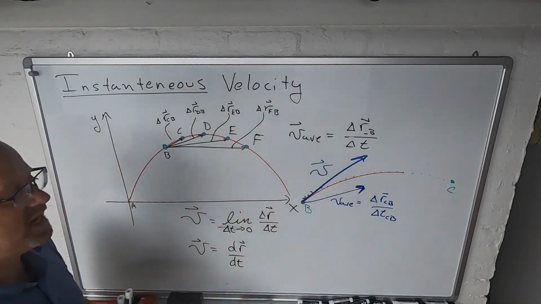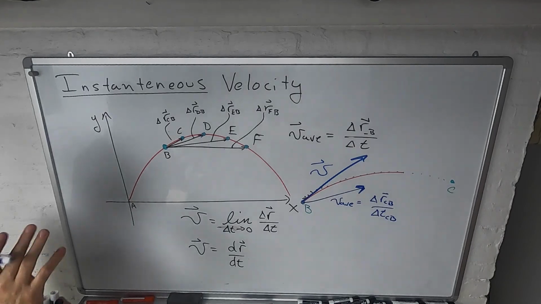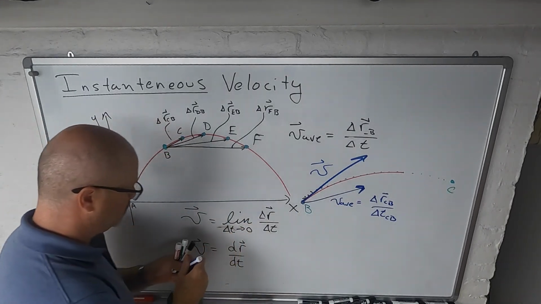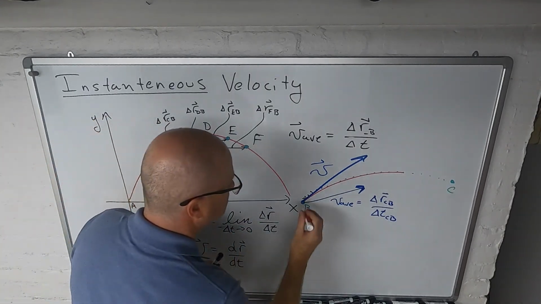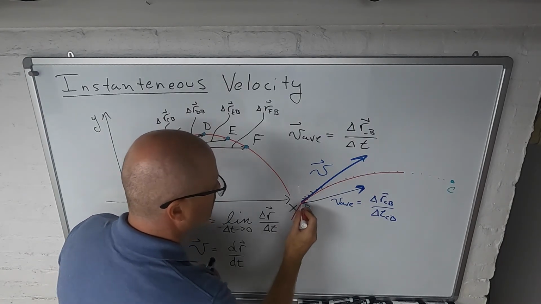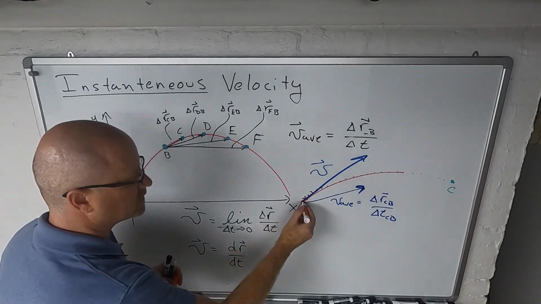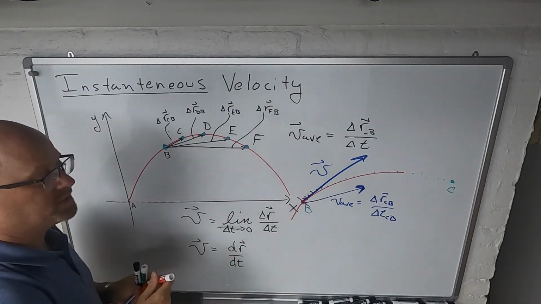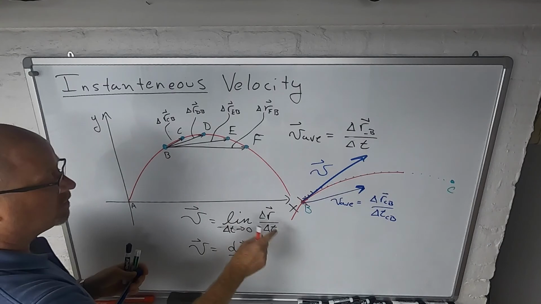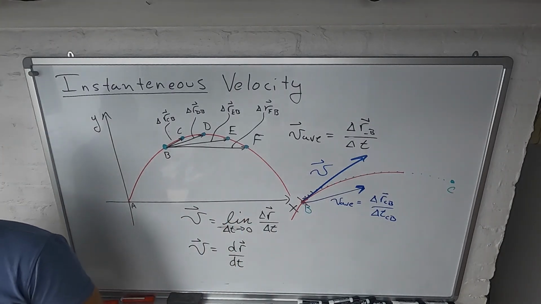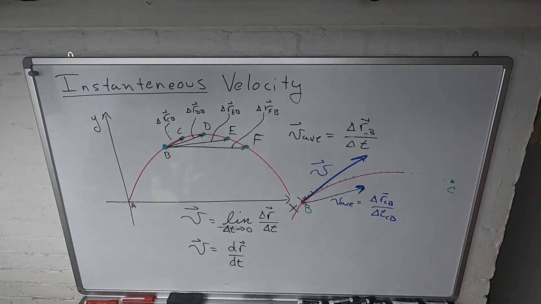This is the instantaneous value. The other interesting mathematical point about this is that this velocity vector is tangent to the path at point B. And that is how these velocities in this limit are defined.